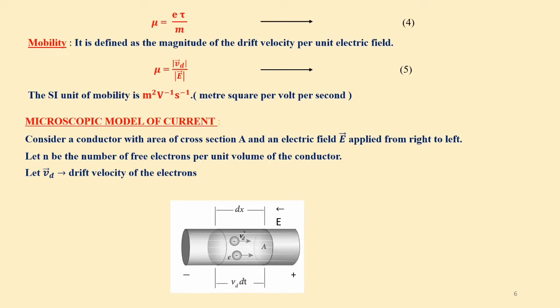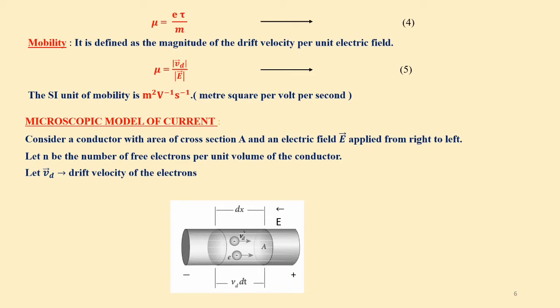Therefore, mu equals modulus of Vd divided by modulus of E. This is equation 5. Substituting meter per second as the unit for velocity and volt per meter as the unit of electric field, we now get the unit for mobility. The SI unit of mobility is meter square per volt per second.